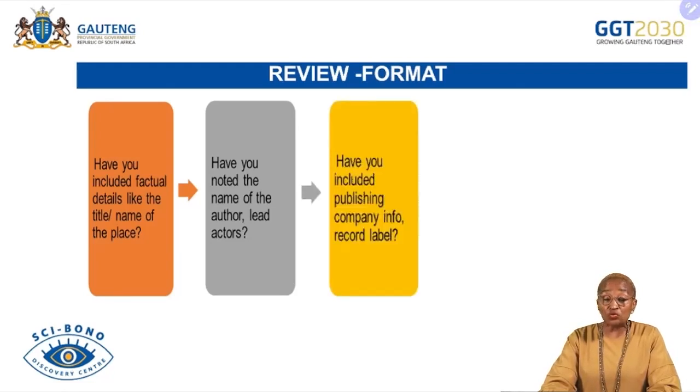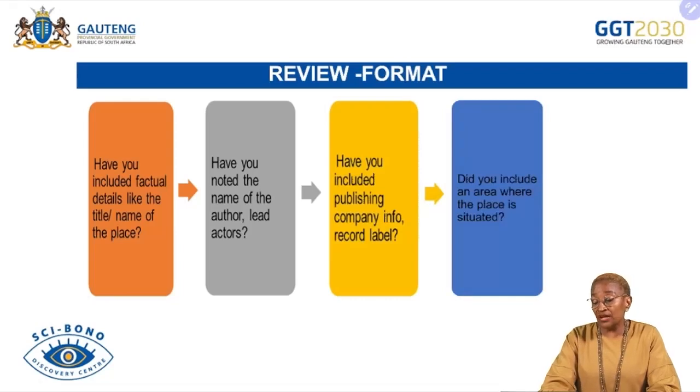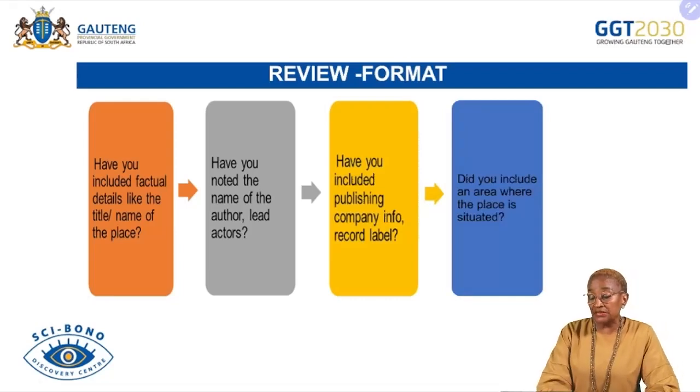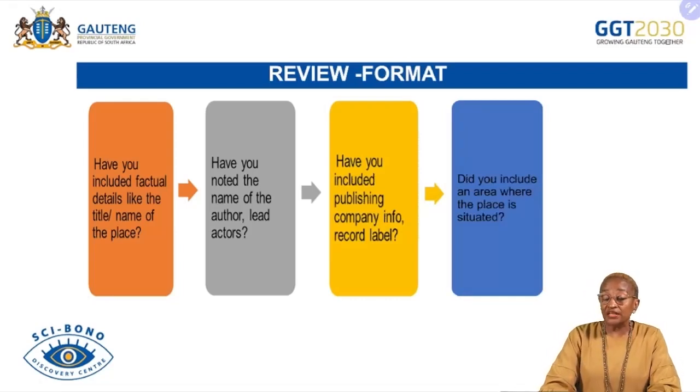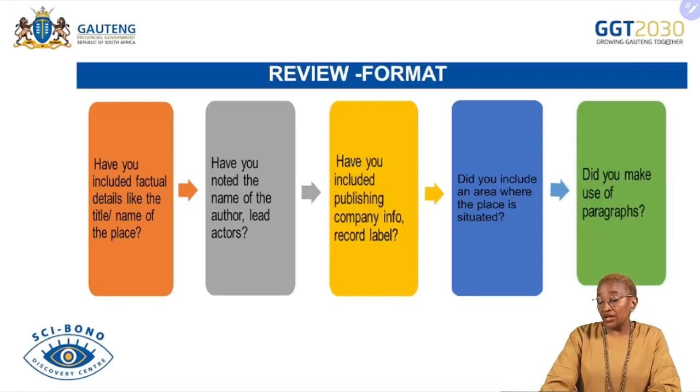Check if you have included publishing company information or record label. You also need to check if you have included an area where the place is situated. And lastly, you've got to check if you made use of paragraphs. That is very, very important.